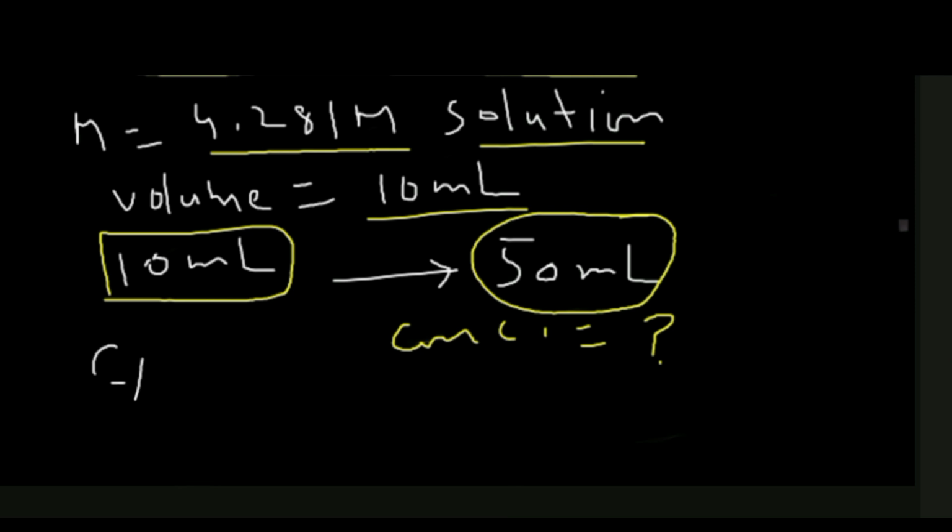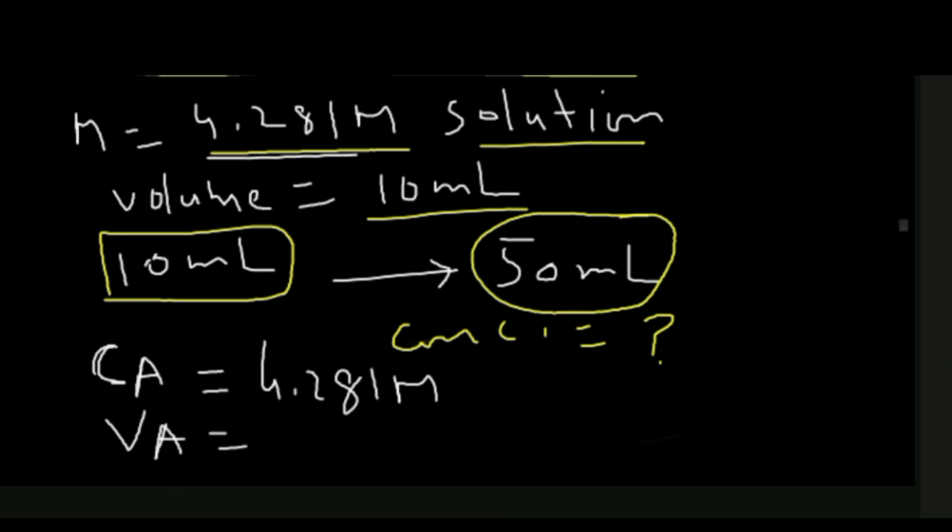For example, we have the concentration CA. This is the initial solution of 4.281 molar, and this is the volume VA, which is 10 ml.